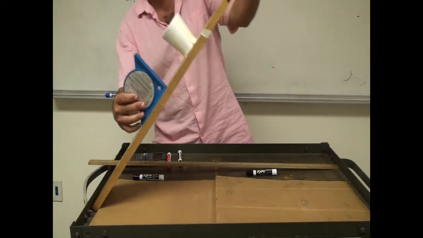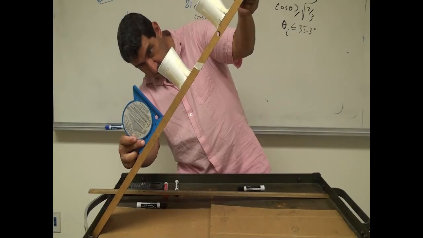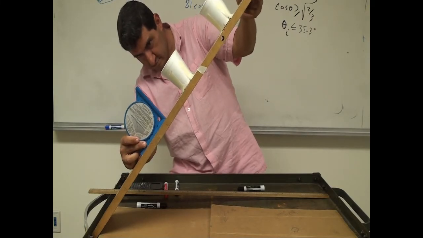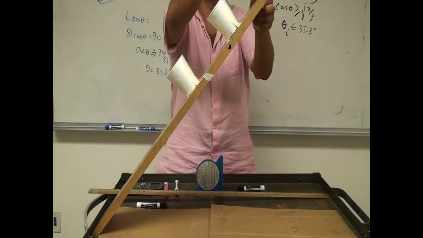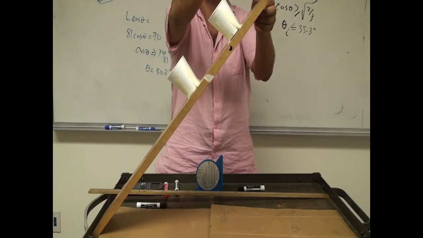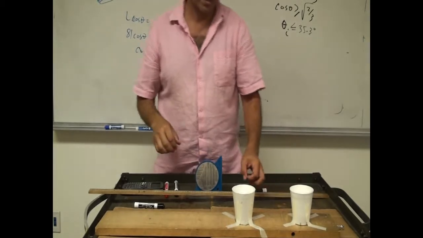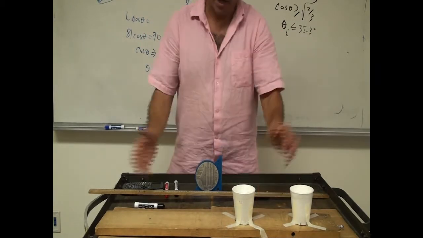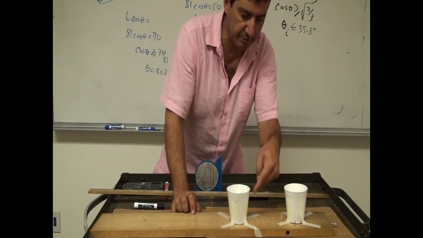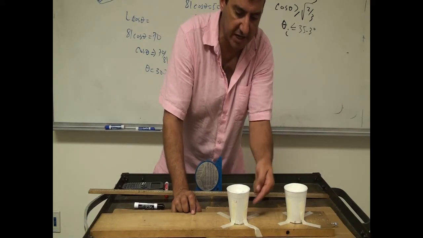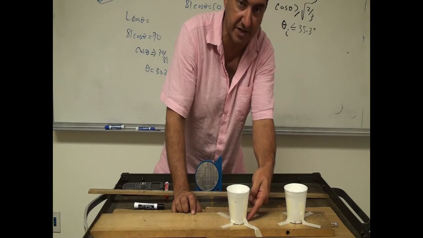51.8. So this is a really steep angle. Okay? So you see what's happening is that as it's falling, the location is right, but the ball is actually landing before the cup is, so the ball is hitting the bottom of the cup.